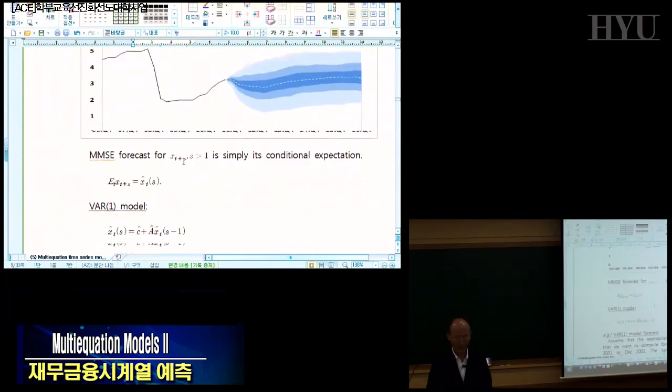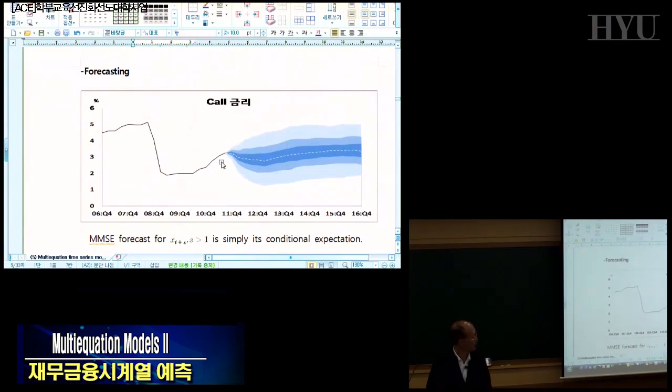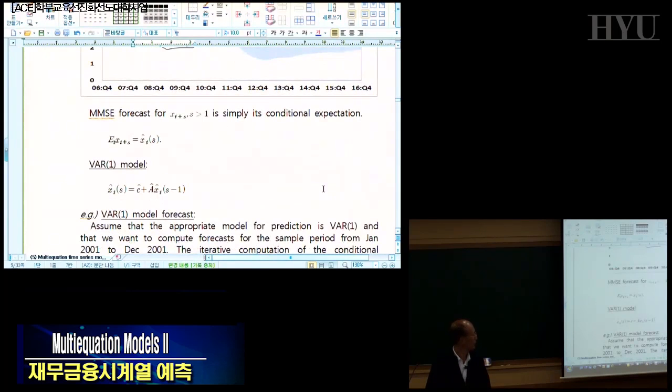The way we produce a future path of the variables included in the vector autoregression is to simulate the model.